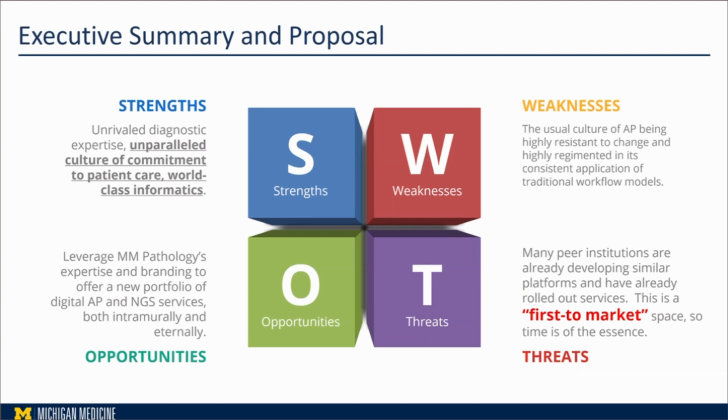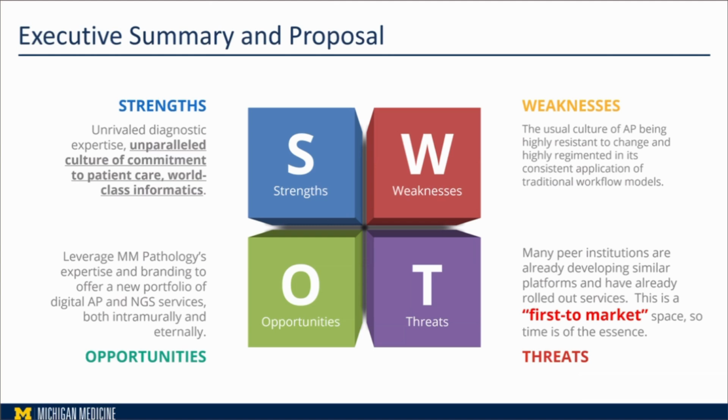In the SWOT analysis, we show the strengths of the department. For example, we have an unparalleled culture of commitment to patient care and world-class informatics in the department. But we also show some weaknesses. One of the weaknesses, as you all know, is that we have some resistance to change. This is normal because it's a new technology, so we need to address this.